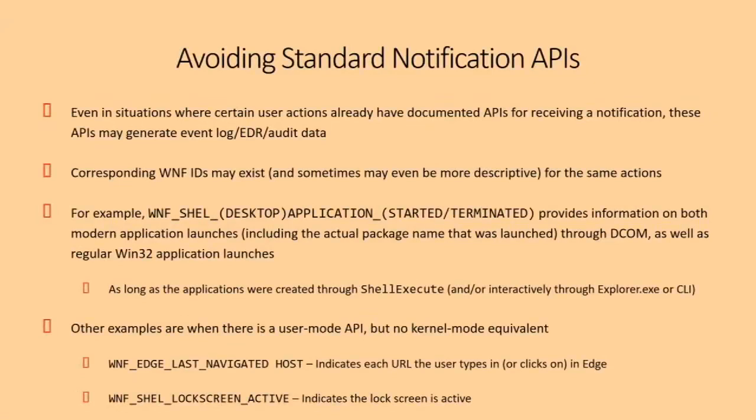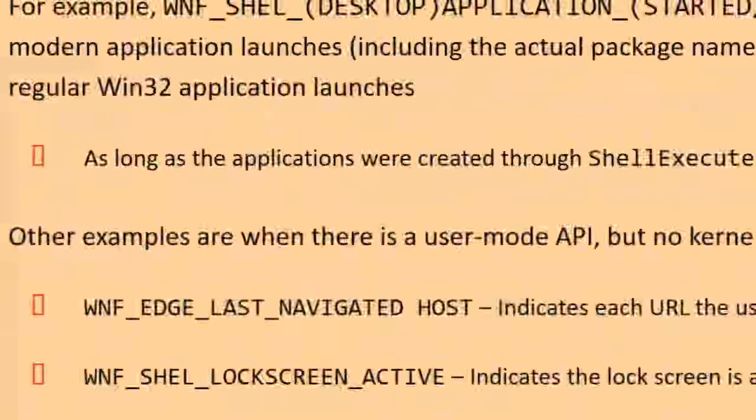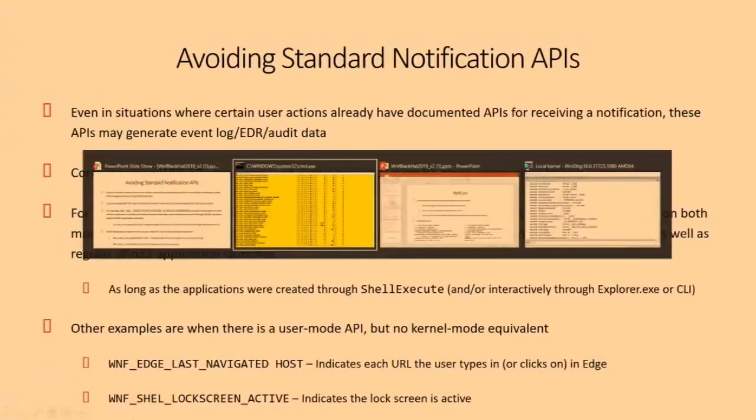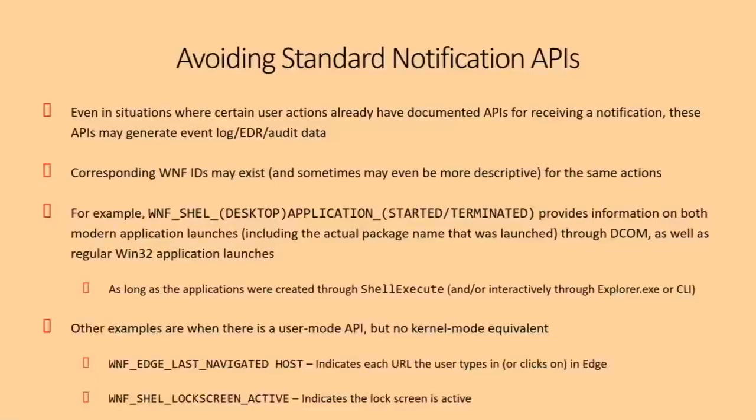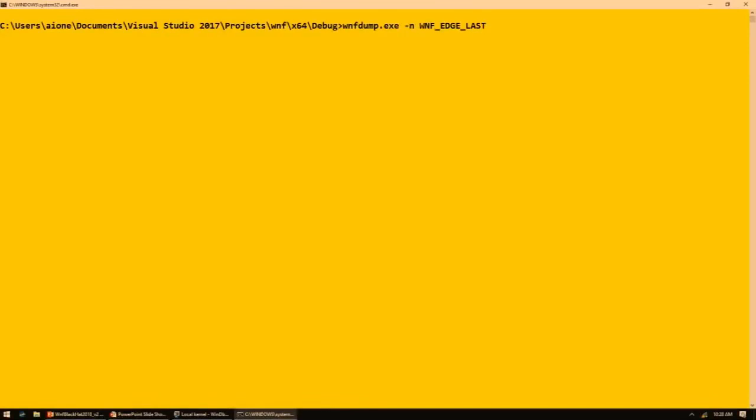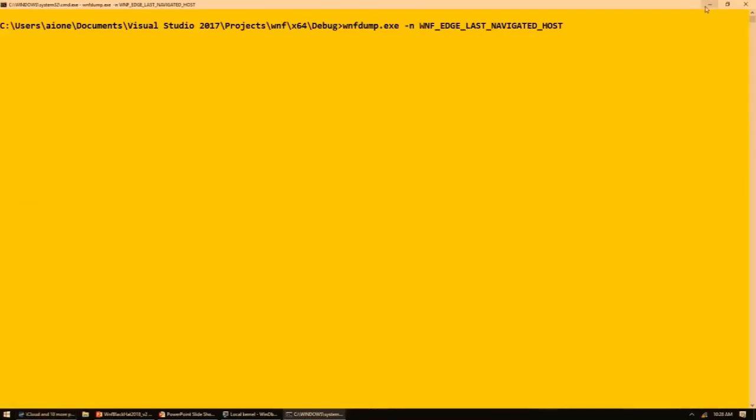One of my favorite ones is WNF Edge Last Navigated Host, which I'll just do a live demo of, hoping the demo gods are with me. WNF dump -n, WNF Edge Last Navigated Host. All right, let's see if that works. Cross fingers, open Edge.